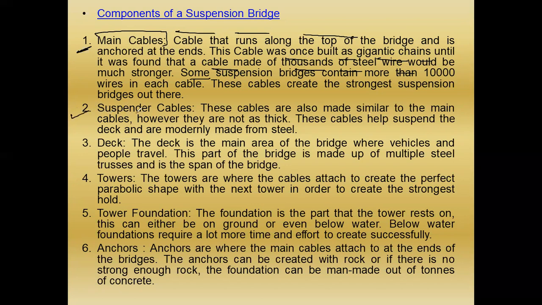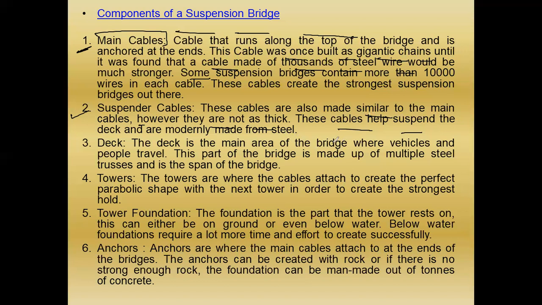Then next are the suspender cables. These cables are also made similar to the main cables. However, they are not as thick. These cables help to suspend the deck and are moderately made up of steel, right?